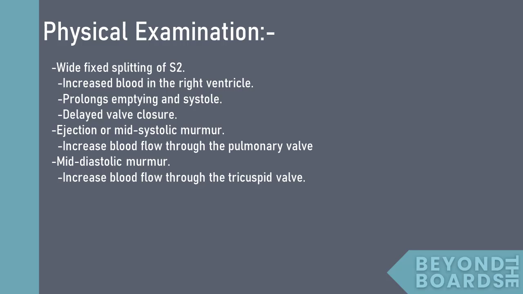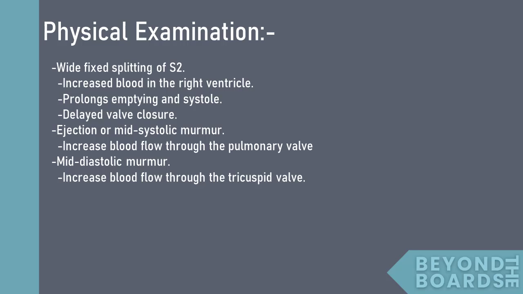This is an ejection or a mid-systolic murmur that is best heard at the pulmonic area in the second intercostal space of the left sternal border. Another murmur you might hear is a mid-diastolic murmur. This is due to flow of excessive blood through the tricuspid valve and is best heard at the lower left sternal border. However, the most important auscultatory finding in ASD is the wide fixed splitting of S2, especially in the setting of exams.